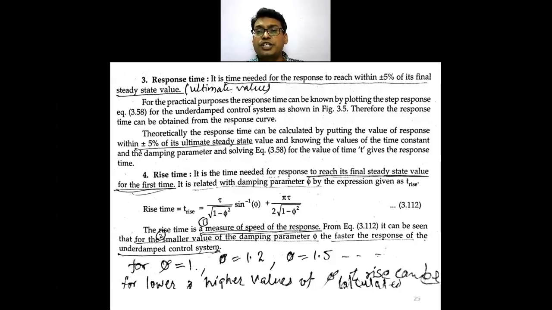The next terminology is the rise time. It is the time that is needed for the response to reach its final steady state value for the first time. That is the difference between the response time and the rise time.